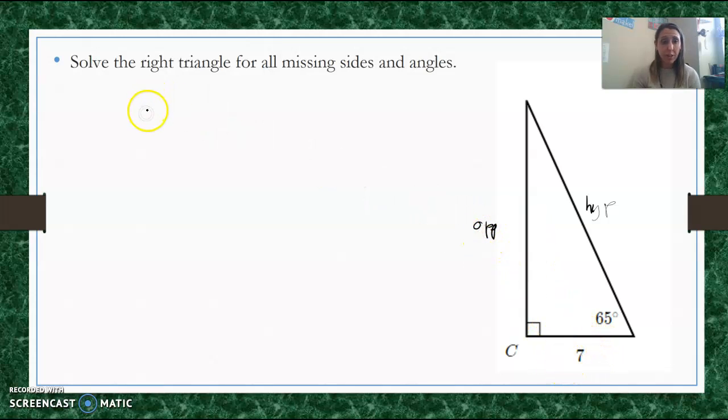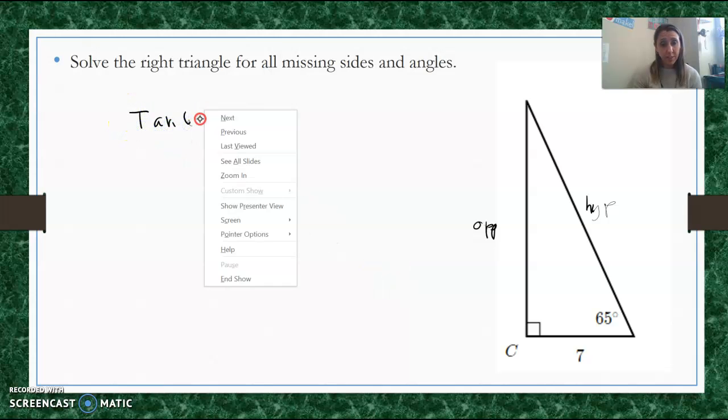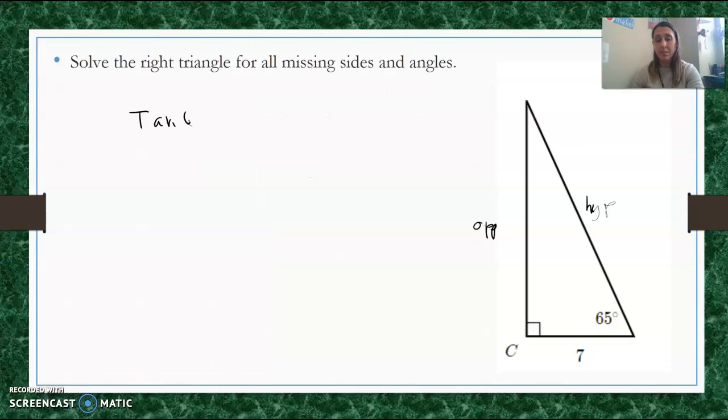So if I'm solving for the opposite and I have the adjacent, I'm going to use the tangent of 65 degrees is going to be equal to the opposite side over 7. Multiply both sides by 7. And if you type that in your calculator, you get, let's see, I gotta type it in my calculator.